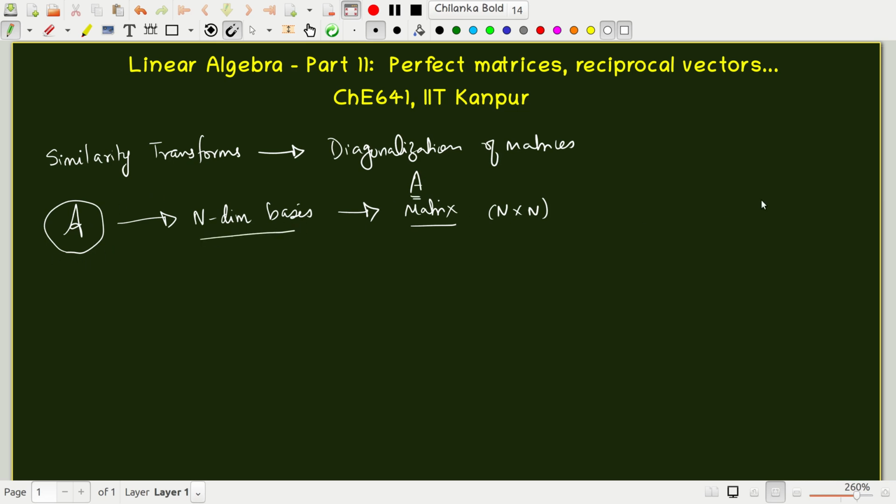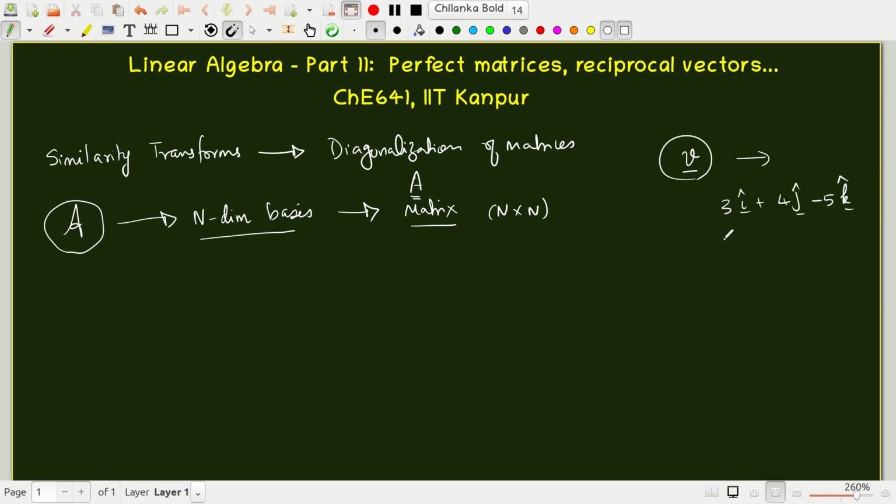Much as, suppose I have a vector, let's say a velocity vector, representing the velocity of fluid at a point, then you might say that the velocity vector is some 3i plus 4j minus 5k.